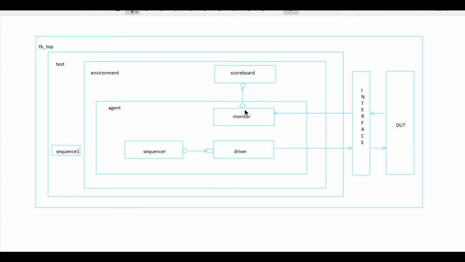The monitor has an analysis port, or you can say the broadcast port, and it broadcasts this data to multiple components. The scoreboard has the analysis implementation port. So this is the complete testbench architecture for verifying a combinational adder, or a generalized testbench architecture of UVM.